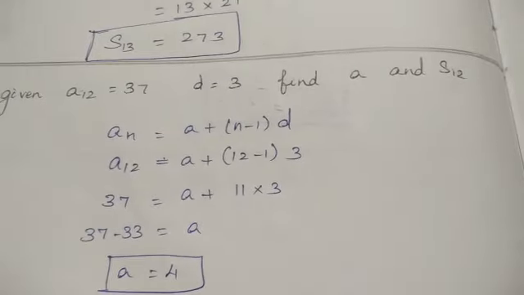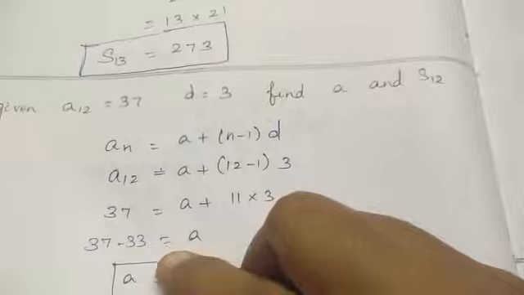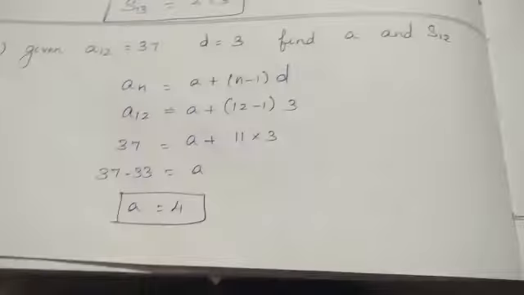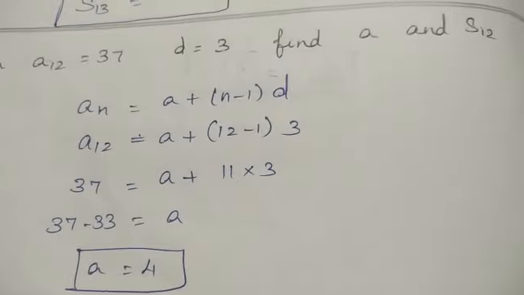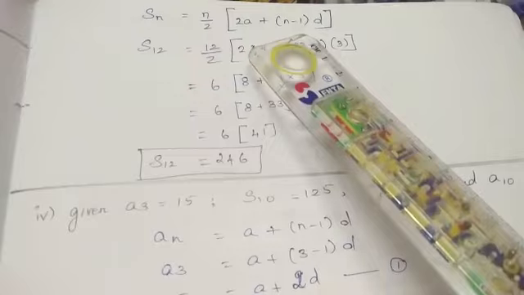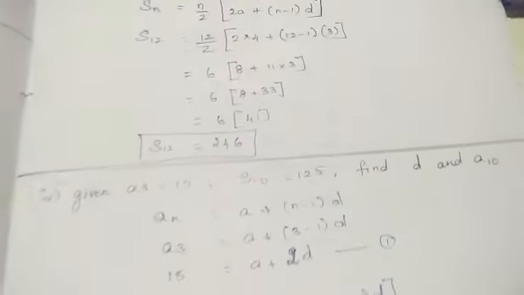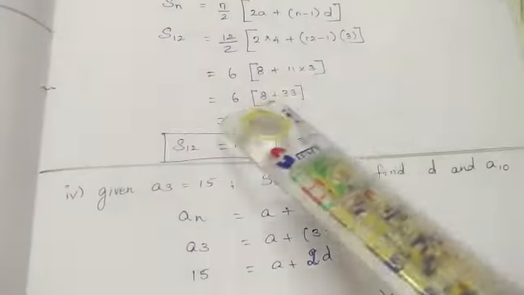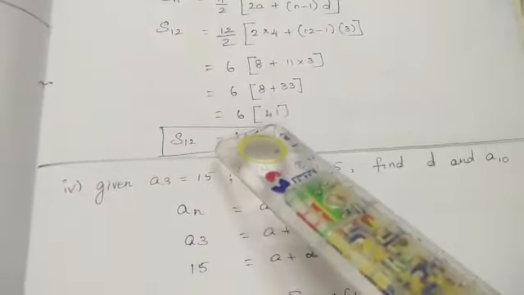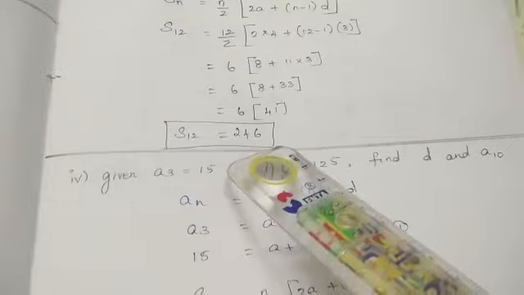I substituted n by 2 into 2a plus n minus 1 into d, for practice purposes. You can use a plus l also, it is correct. N by 2, and then 2a plus n minus 1 into d: 2 into 4, 2 into 12 minus 1 into 3, substitute, and 8 plus 33 is 41, 6 and 2 is 46.